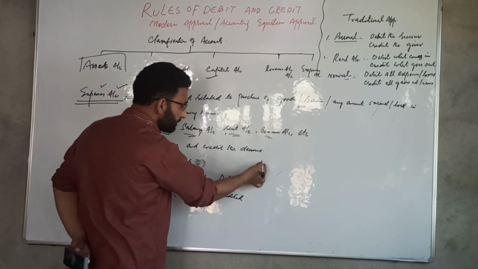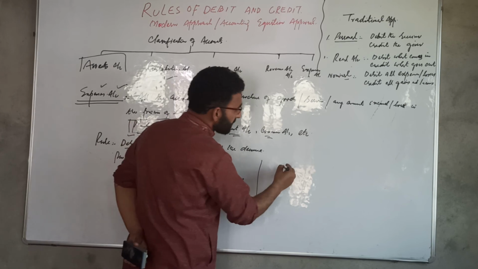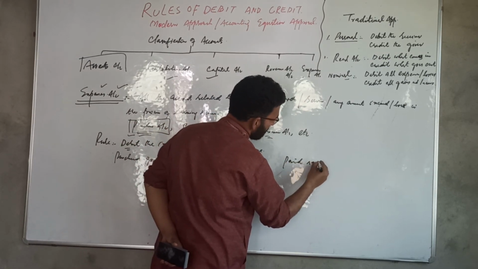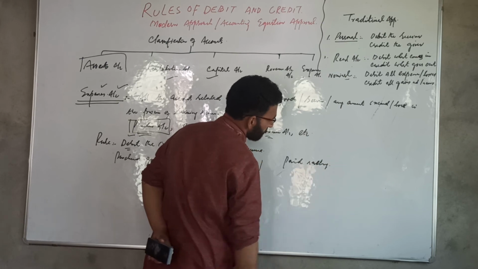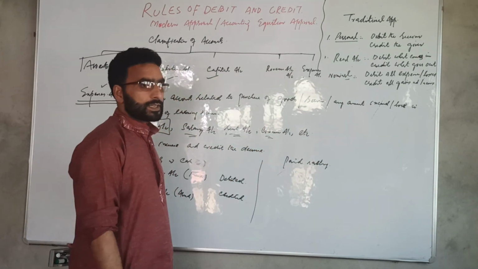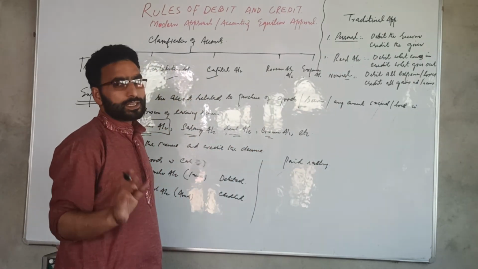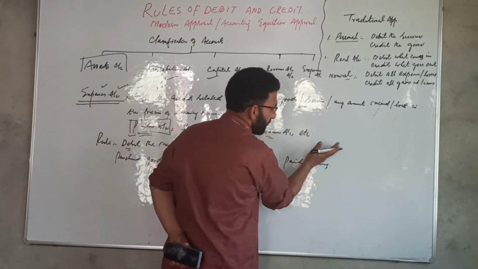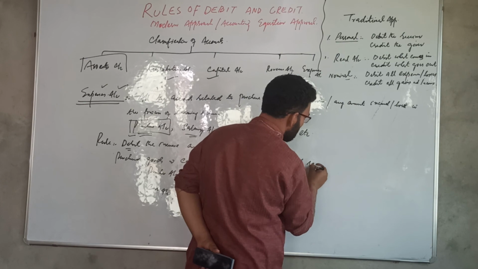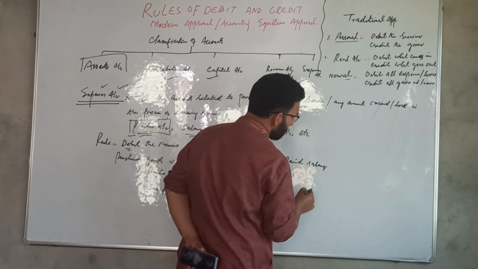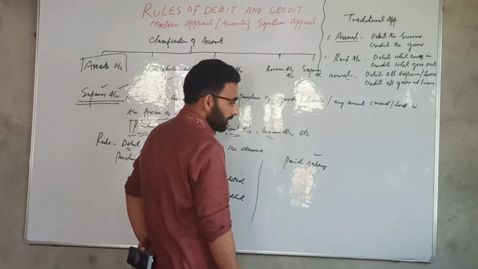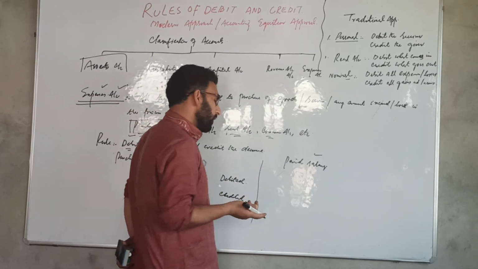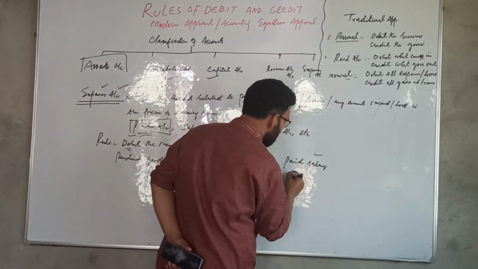Another example, paid salary. When the business pays salary to its manager or any other employee from whom it has received service. In this transaction, two accounts are also involved. One is cash account and the other is salary account.